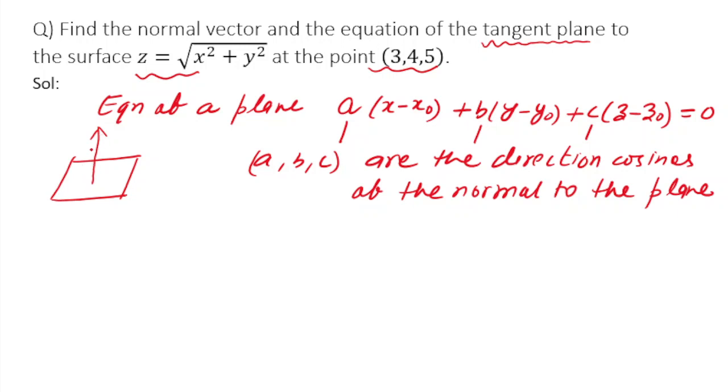I don't know whether you know the meaning of direction cosine, so if you don't, let me quickly explain it. This line will make some angle with the x-axis, some angle with the y-axis, and some angle with the z-axis. Suppose it makes alpha angle with the x-axis, beta with the y-axis, and gamma with the z-axis. Then the direction cosines of this line are cos alpha, cos beta, and cos gamma.